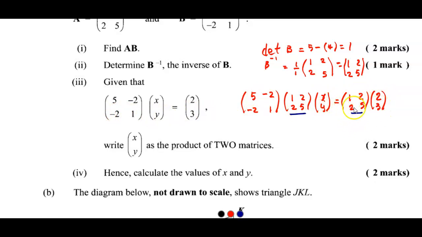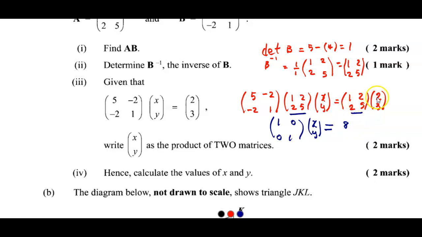We multiply, so the matrix times the inverse gives us the identity matrix, which is 1, 0, 0, 1, times xy, equals the right hand side. So we can evaluate the right hand side there. We would have 1 times 2, that's 2, plus 2 times 3, that's 6. So 6 plus 2 is 8.